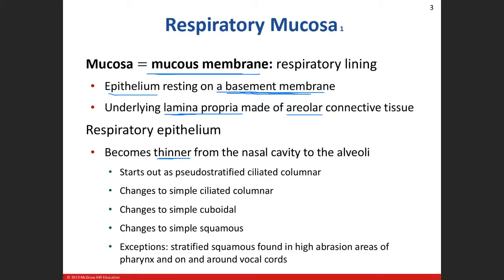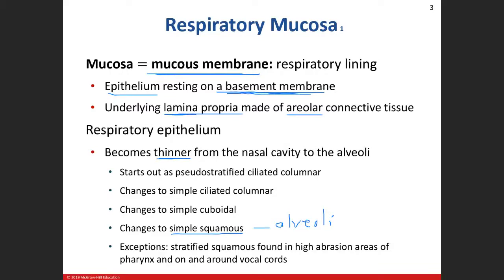Remember, simple epithelium is great for filtration, absorption, and secretion. In this case, it's going to be filtration. We're filtering the respiratory gases, oxygen and carbon dioxide, across. So when we get down to the simple squamous epithelium in the alveoli, we want it to be as thin as possible.